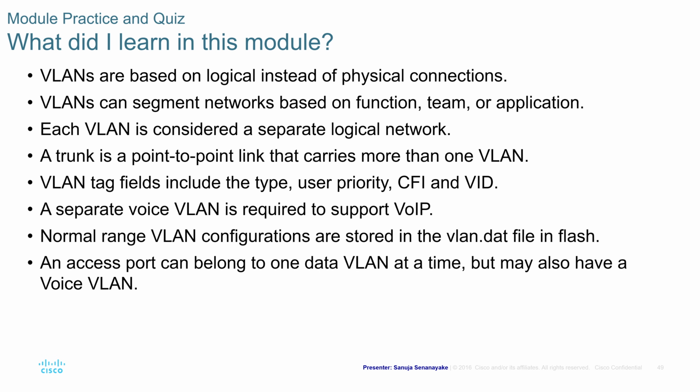Normal range VLAN configurations are stored in the vlan.dat file in Cisco flash, in Cisco devices. An access port can belong to one data VLAN at a time, but may also have a voice VLAN. So you can have an access port with one data VLAN, but it can also be associated with a voice VLAN.